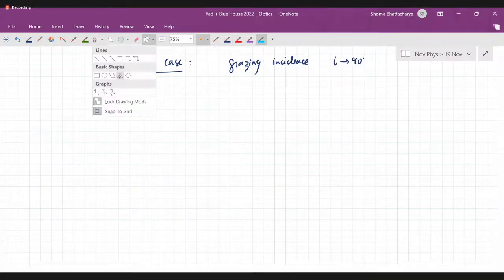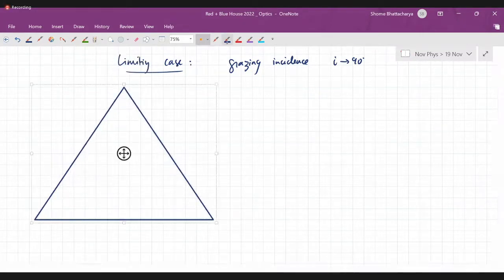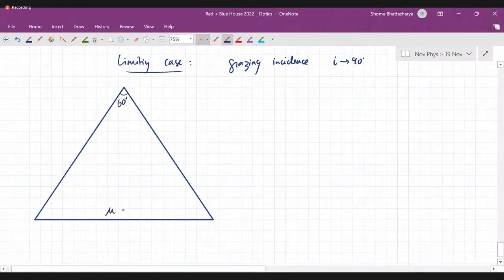So what that situation will look like, let's understand, and let's also do the calculation for that. So we'll take that same prism that we had of angle of the prism 60 degrees and mu equal to 1.73 or approximately root 3. Now let's make the incidence almost grazing. So this ray is almost parallel. So it's basically parallel. Okay.